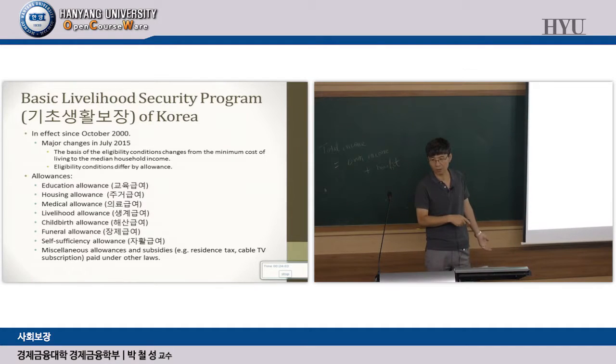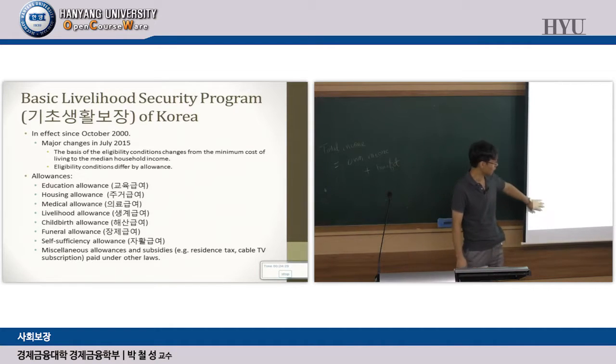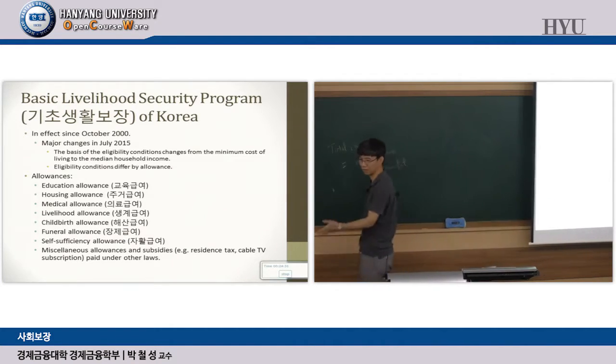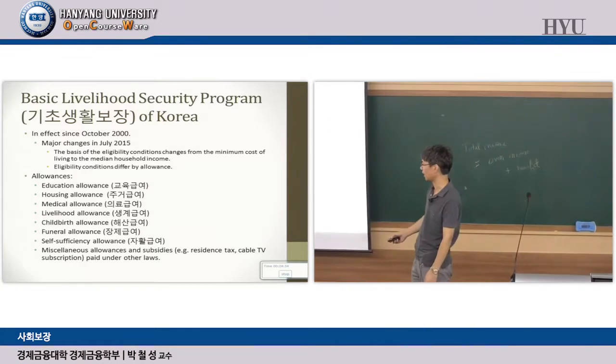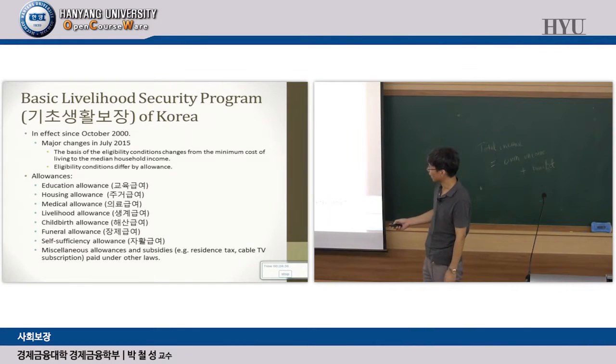So in Korea, the government pays that tax on behalf of poorer households. Also cable TV subscription: poorer households will get subsidized cable TV and subsidized phone subscription, those kinds of things. If you look at the ministry website, they give you the list of what kind of money you can get. It's a small amount, like $10, $20 per month. Get it?